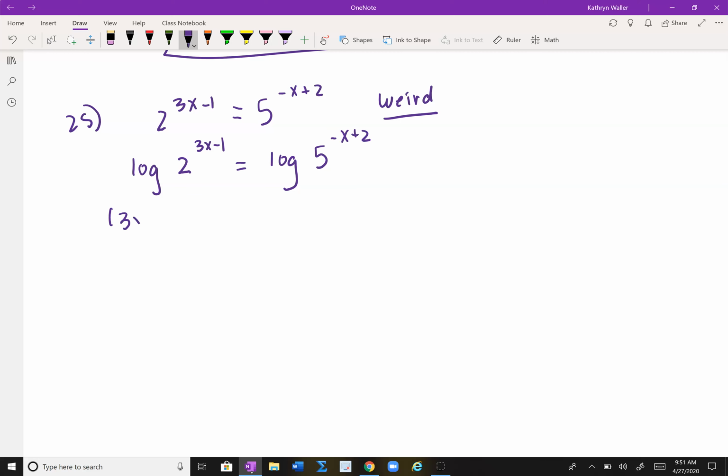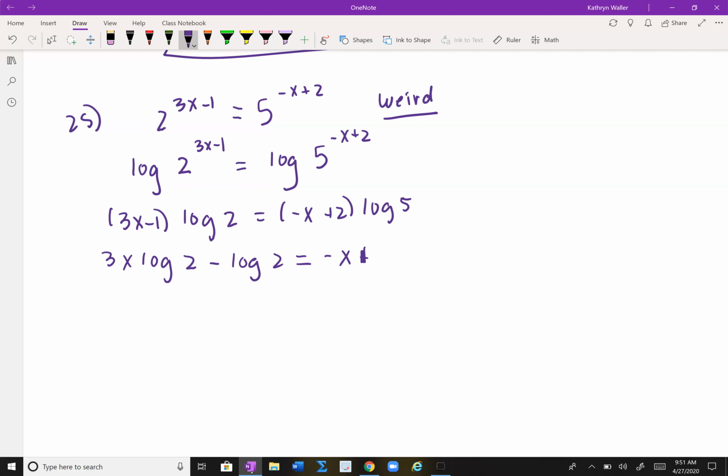So pull that 3x minus 1 down, and it's multiplied by log 2. Pull that negative x plus 2 down, and it's multiplied by log 5. Distribute the 3x, and you have 3x log 2 minus 1 log 2. Distribute this, and you get negative x log 5 plus 2 log 5.